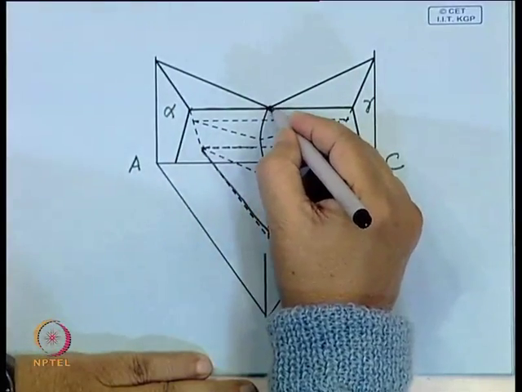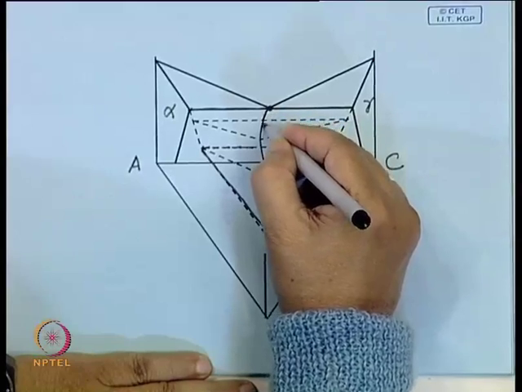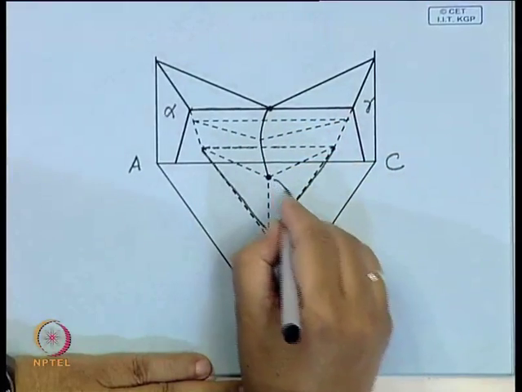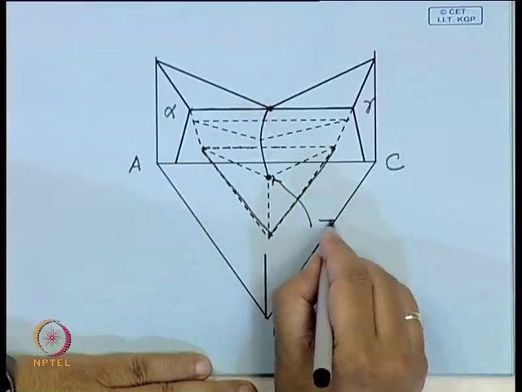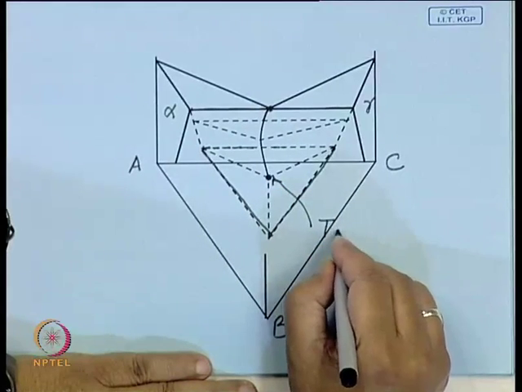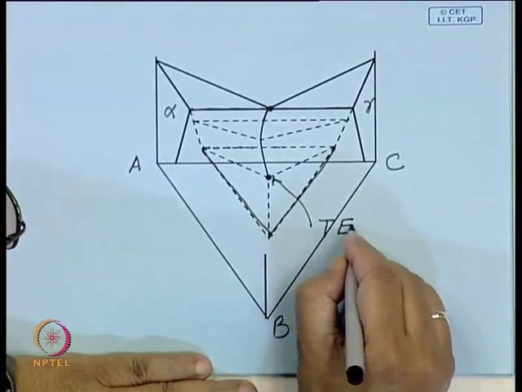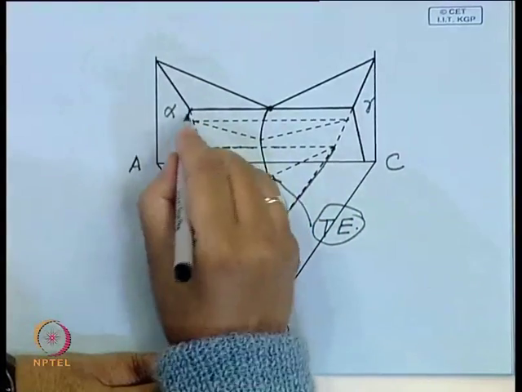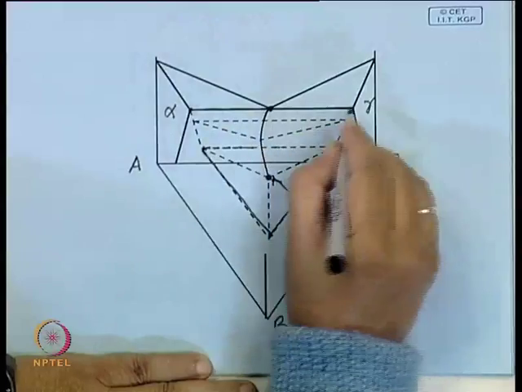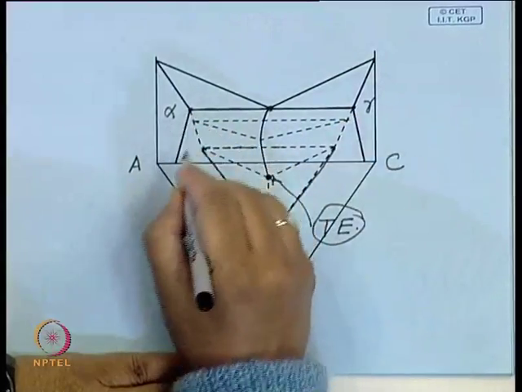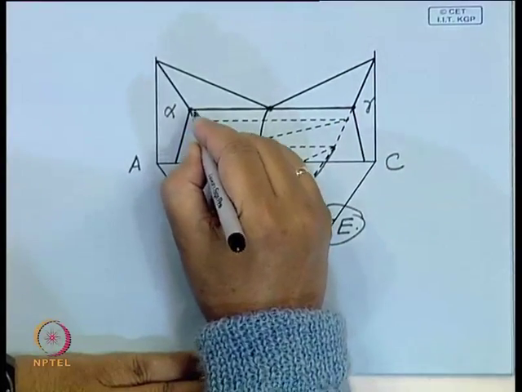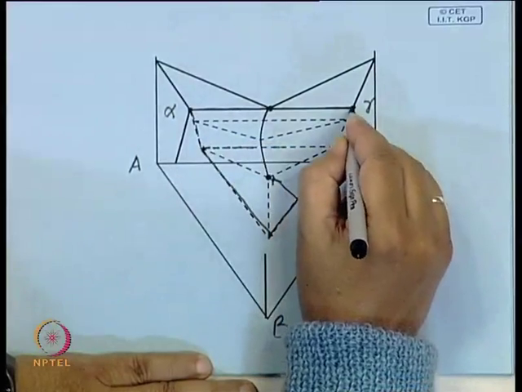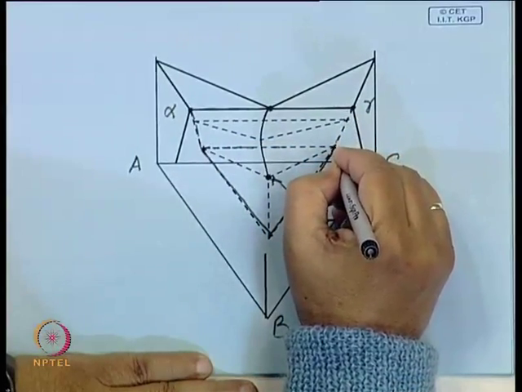Now, this surface comes down and meets at this point, which is the ternary eutectic, TE, the ternary eutectic point. This point represents the solubility limit, and this solvus line also comes and meets the isotherm at this point.